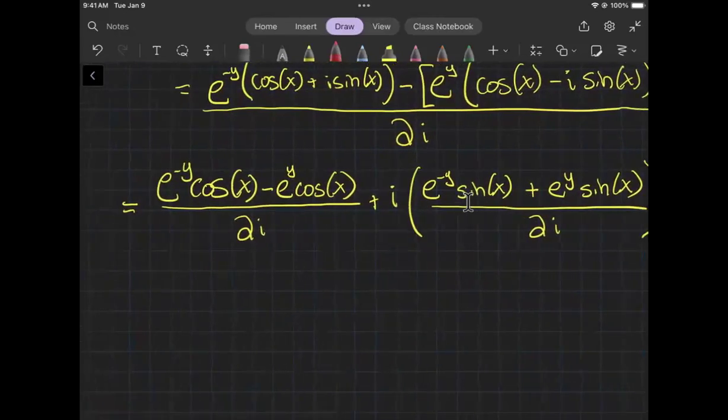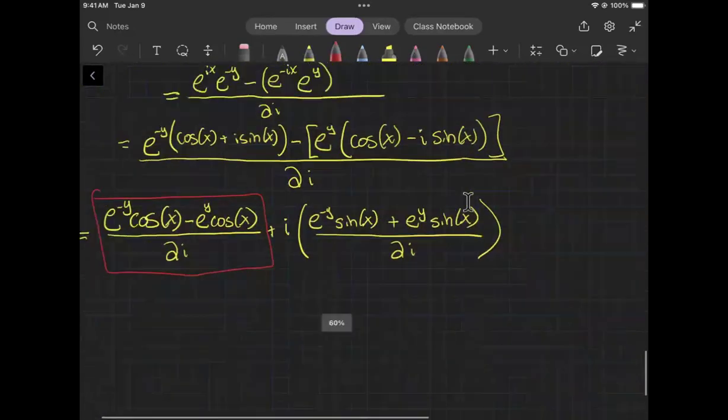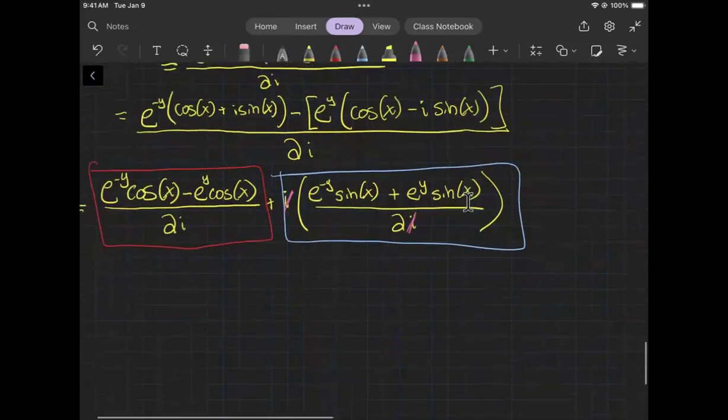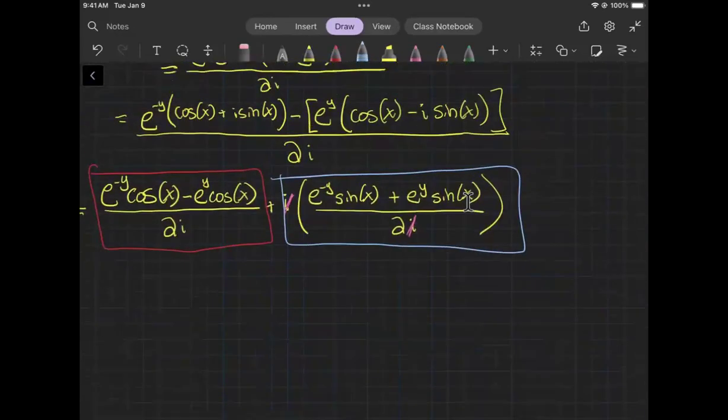Okay, so I'm going to focus on this quantity here first. This will be the imaginary component, and this component right here is the real component, since the i's will cancel. This will become the real component, and this right here is the imaginary component.